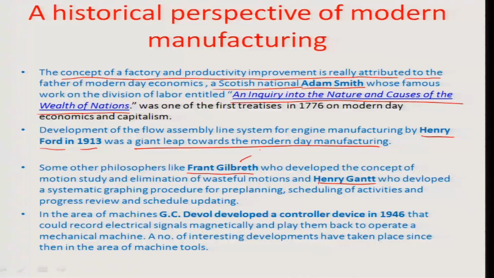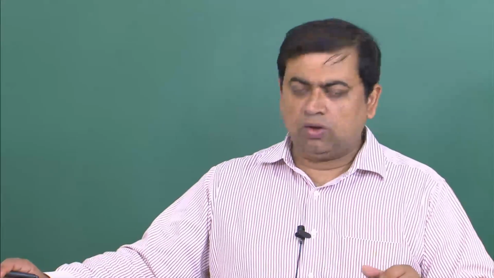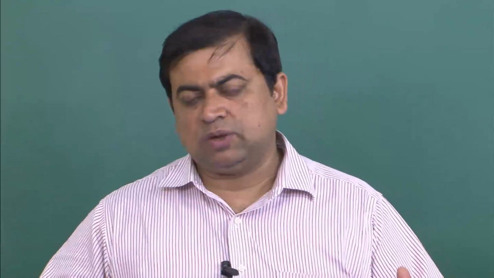So basically Frank Gilbreth and Henry Gantt were two such people who were associated with the elimination of wasteful motions, and also a systematic graphing or planning approach, so that you can always identify the bottlenecks of a manufacturing process in terms of the most critical and the least critical.